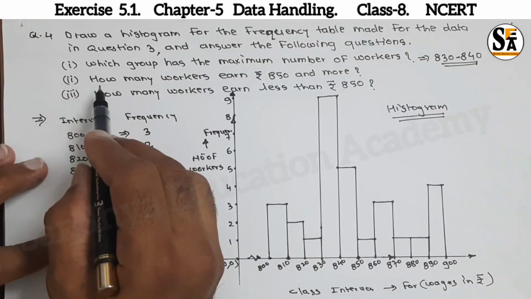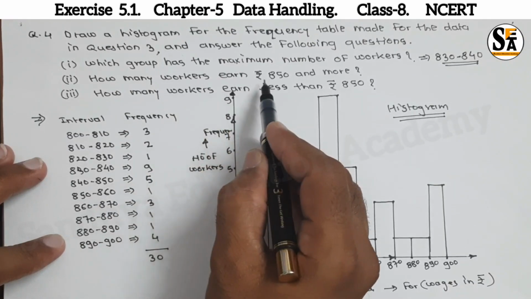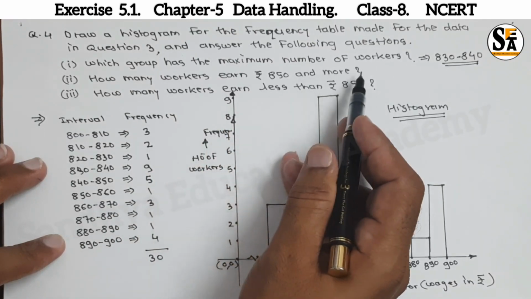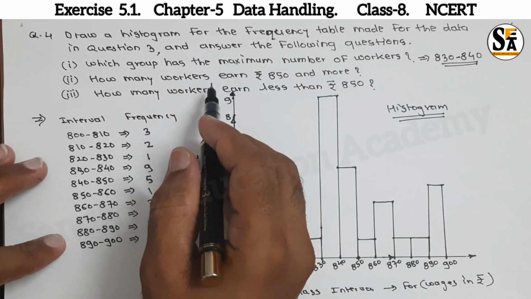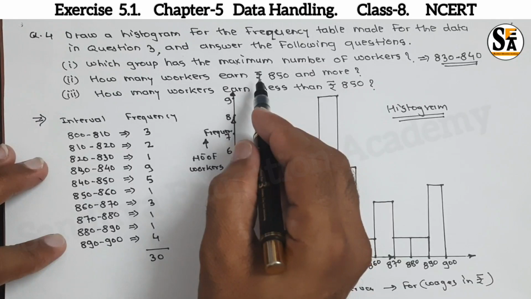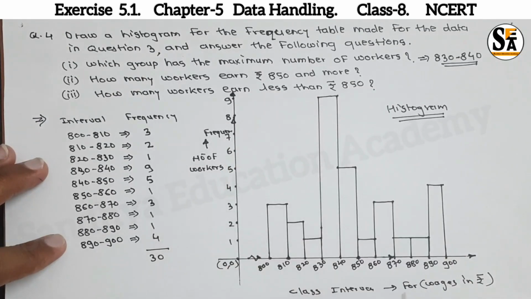What is the next question? How many workers earn rupees 850 and more? So this is our class interval, 850 and onward. What is asked? More than 850. So from 850 onwards we will calculate.